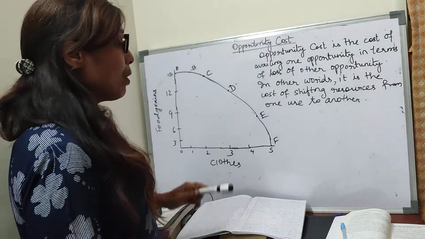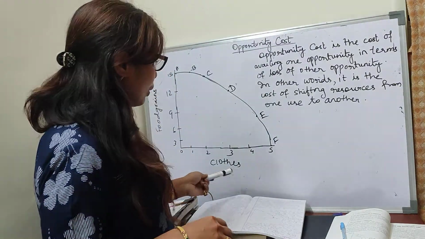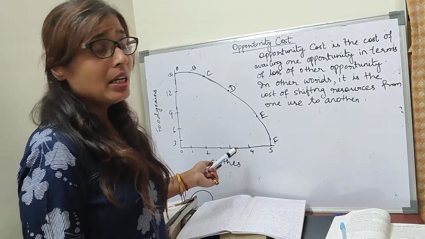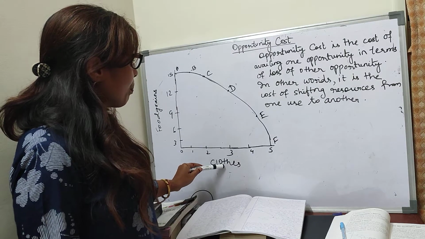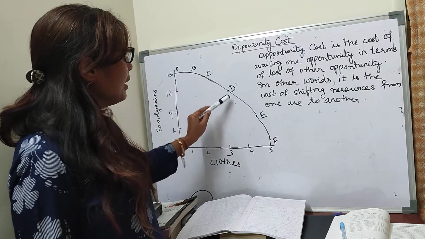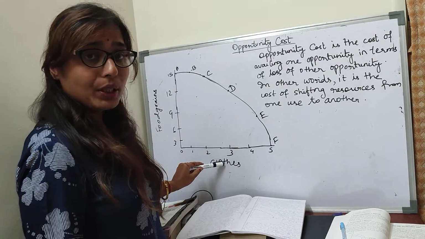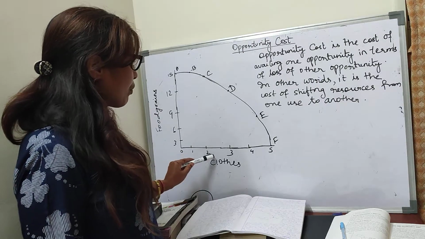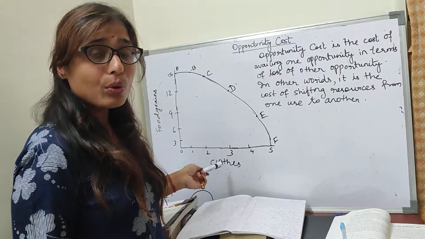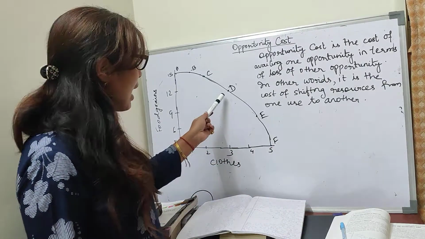Now suppose the country decides to increase its production of clothes, meaning increasing the production of clothes from 2 million meters at C to 3 million meters at D. Previously the country was producing 2 million meters of clothes at point C. Now the country decides to increase its production of clothes from 2 million to 3 million at point D.